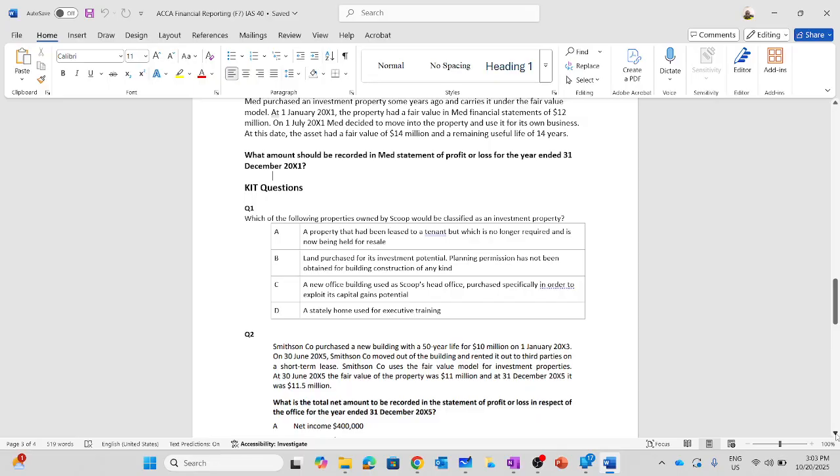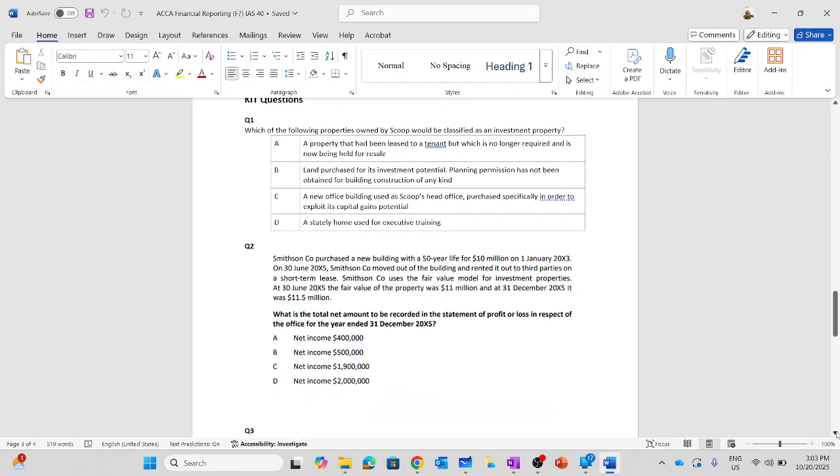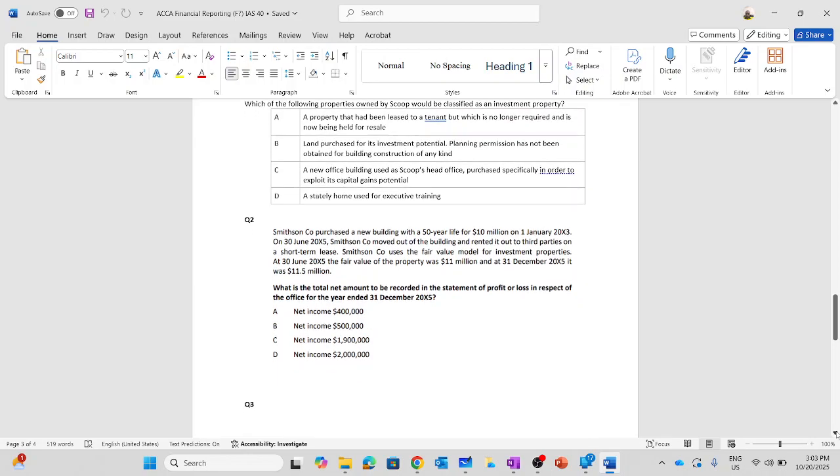A new office building used as head office, purchased specifically to exploit its capital gain potential. A stately home used for executive training. We are going to look at the answer in our live online session.